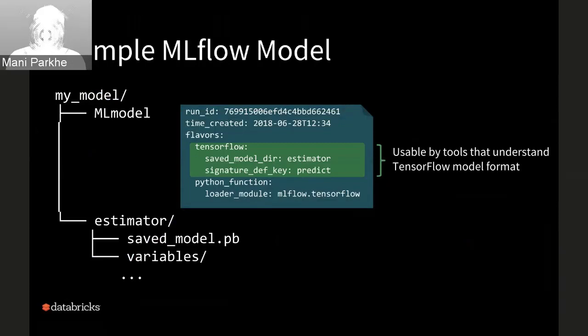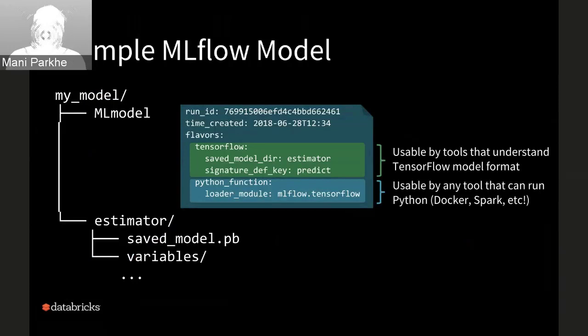And then any environment that uses Python can use this MLflow module, called mlflow.tensorflow, to be able to then load this model and then execute it like it would any Python function.